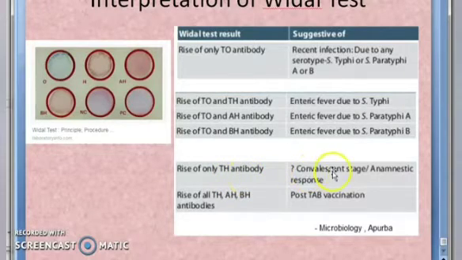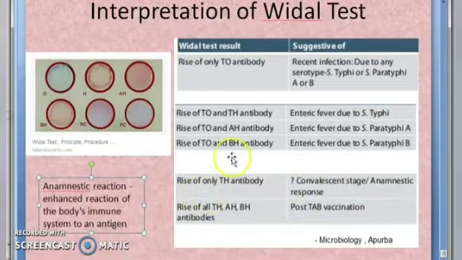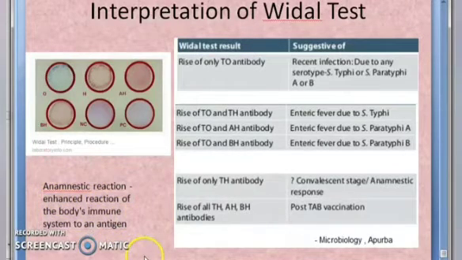So it means that the person is in a convalescent stage. Or it could be an anamnestic reaction, that means an enhanced reaction of a body that is immune to an antigen. Don't bother much about those things. Remember this much. If it is only TO, that means it could be anything. H hasn't appeared yet.